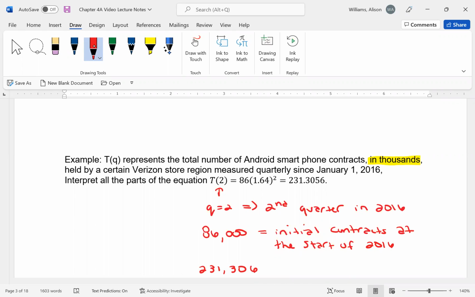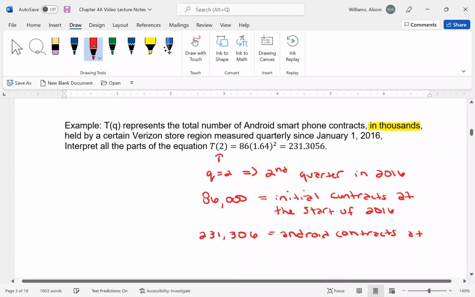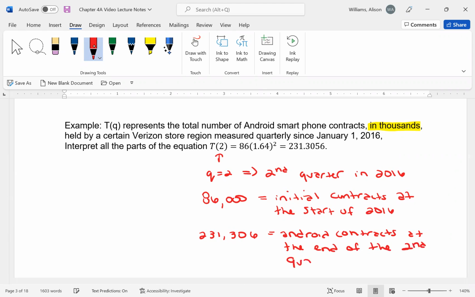This would be the amount of Android contracts at the end of the second quarter. Probably should have capitalized Android since it's a proper name. There you go, and that's how we break down that equation.